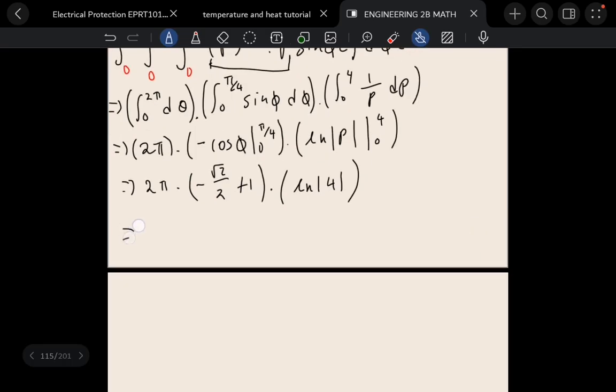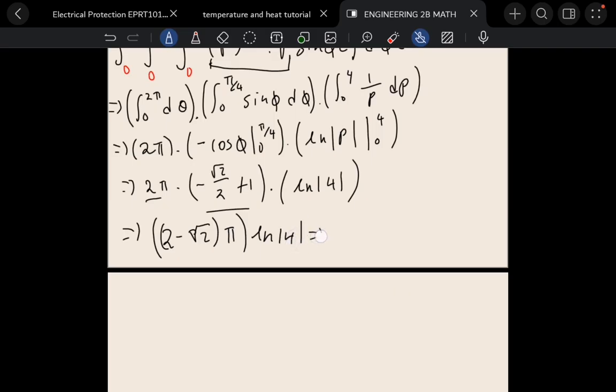So that is your answer, by the way. You can simplify it and have something like 2 minus root 2 over 2. If you do it, you're going to have 2 minus root 2 pi, because this 2 will cancel, times ln 4.